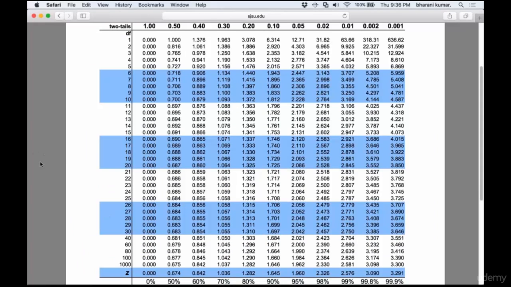So we need to solve t 1 minus alpha, n minus 1, which is t 95% and 139, right? N minus 1.